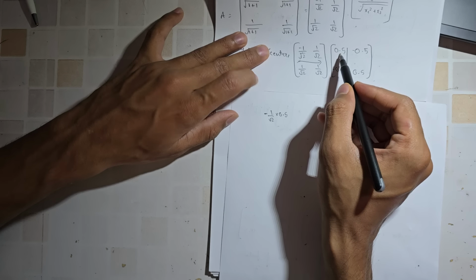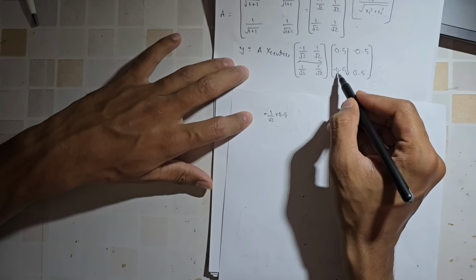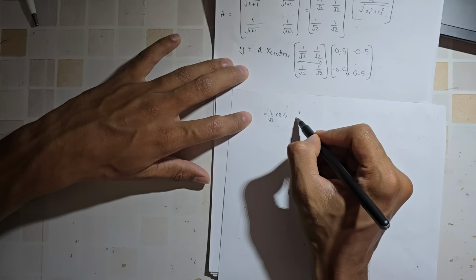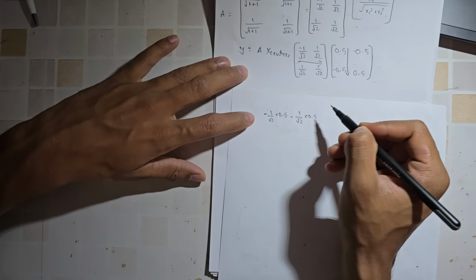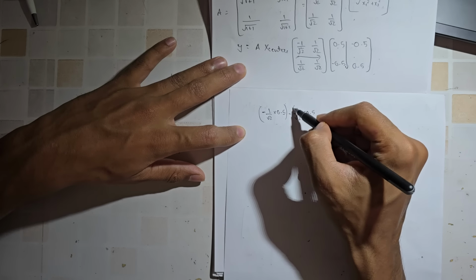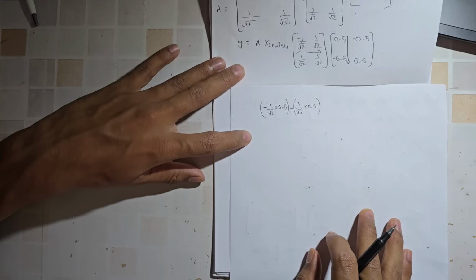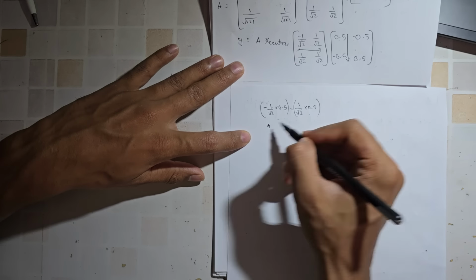So first value into this row's first value, then usually it is plus, but since we have minus here, I'll write minus 1 by root 2 into 0.5. Okay, this value should be like this. Then again here to here it will be, here it should come here.